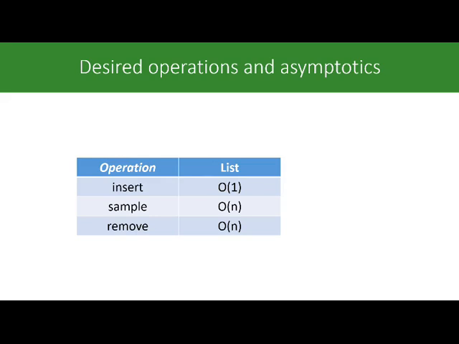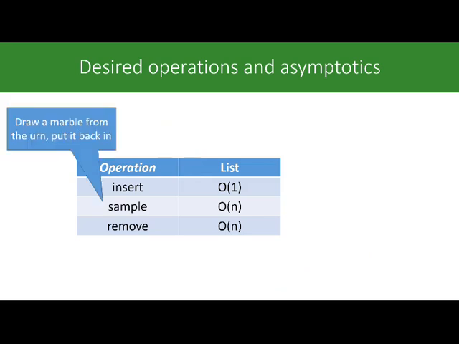What do I mean by that? Here are 3 operations that we need in order to address the previous problem. We need insert, which lists do extremely efficiently. You just tack on a pair on the top of the list. We need sample, by which I mean draw a marble from the urn and put it back in, or sampling with replacement, which using lists would be done in linear time.